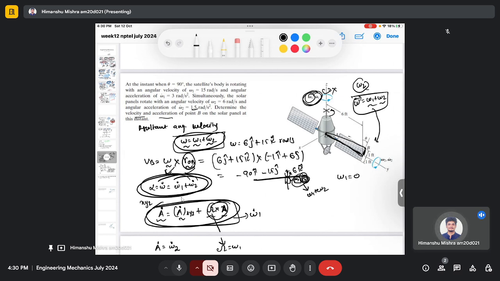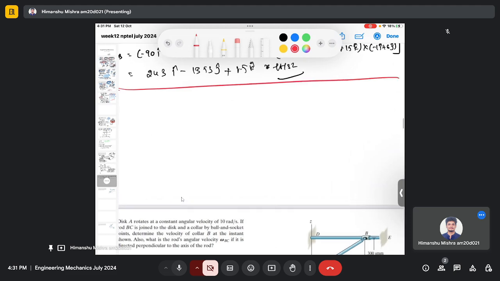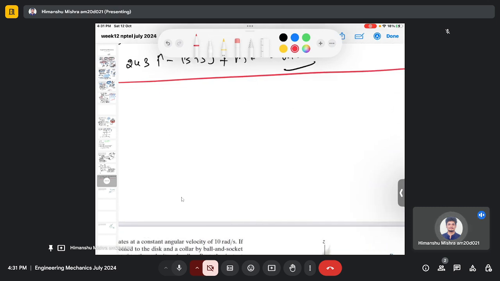So let's move to the new concept. Now we will solve the problem where we are given the fixed frame as well as the translating or moving frame.